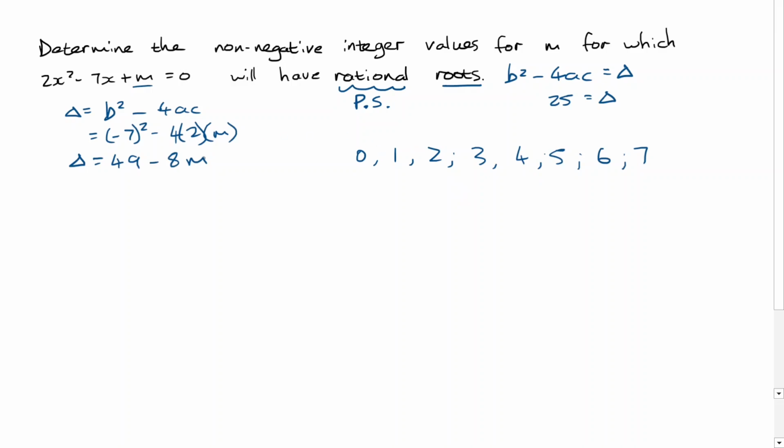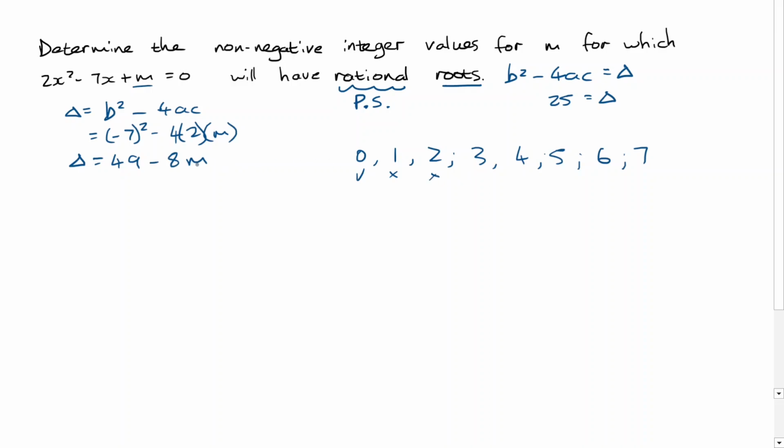And when I sub them in, I'm hoping to end up with a perfect square. So if I sub in 0 for m, this will go away and I'm left with 49. 49 is a perfect square, so that worked out. If I sub in 1, that will leave me with 41, not a perfect square. If I sub in 2, that'll give me 16, and that will give me 33, not a perfect square.